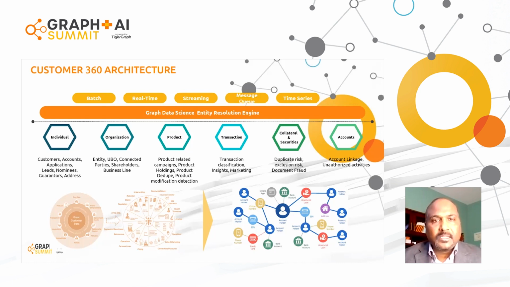All come together and get fed into the graph data science entity resolution engine, where we conduct the identification, matching, linking, and binding. We take the approach to the multi-entity construct, meaning the individuals, organizations, products, transactions, collaterals, and securities, which would give us the combined 360 view of an entity.